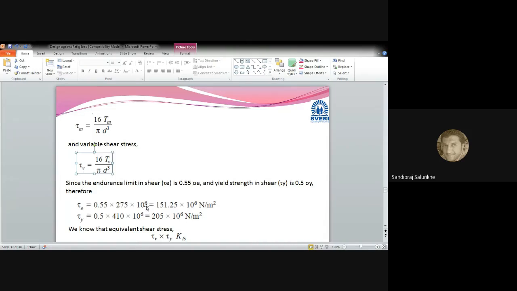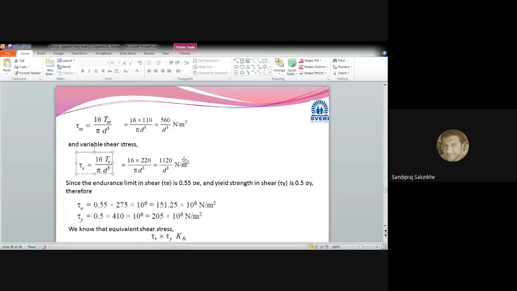It's 1120.45 divided by d cube. Yes, 1120 divided by d cube and 560 divided by d cube. Okay, so these values we have got for the mean shear stress and the average shear stress.